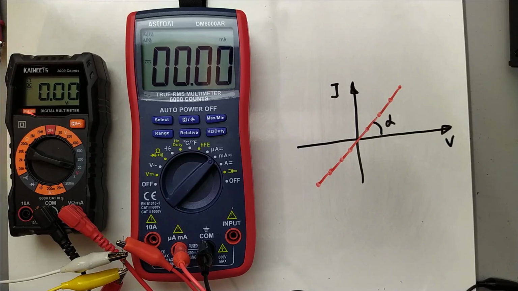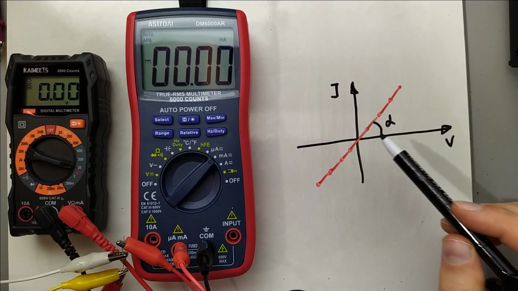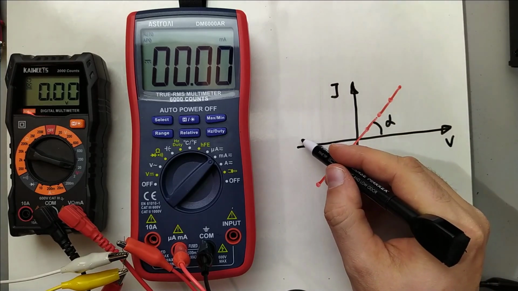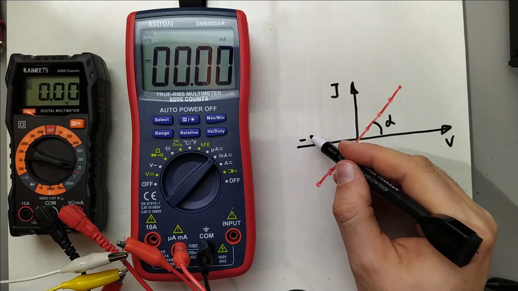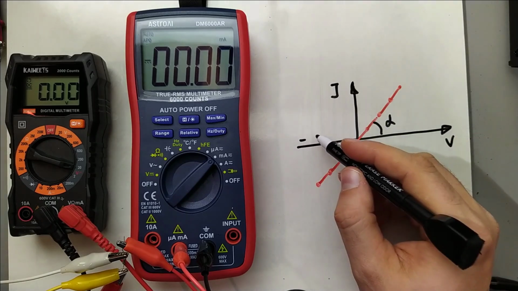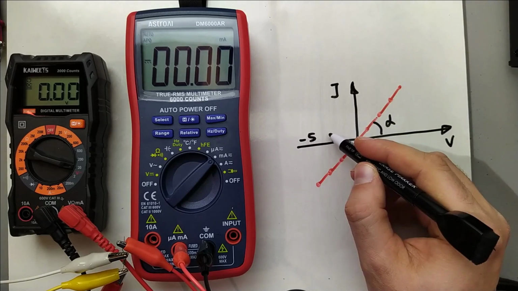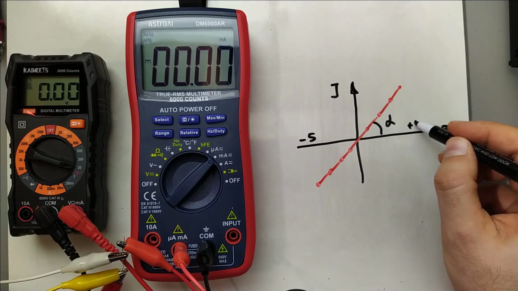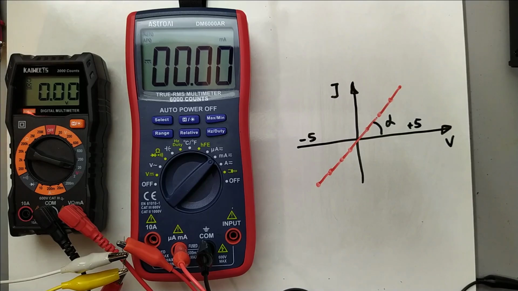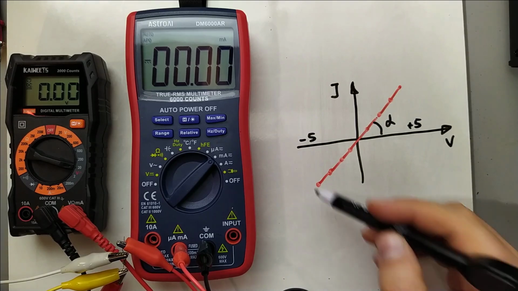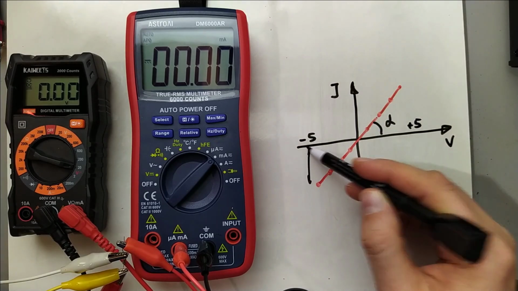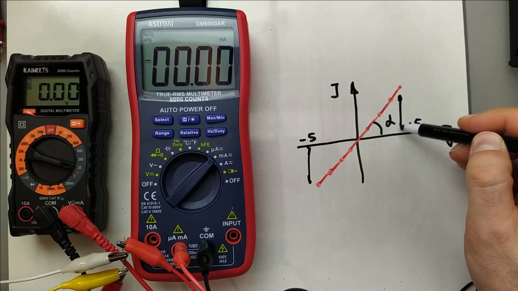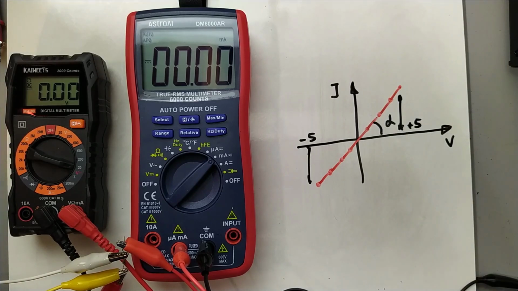So the key thing here is that no matter if we apply positive or negative polarity to our resistor, we will get the same magnitude of current flowing through this resistor.